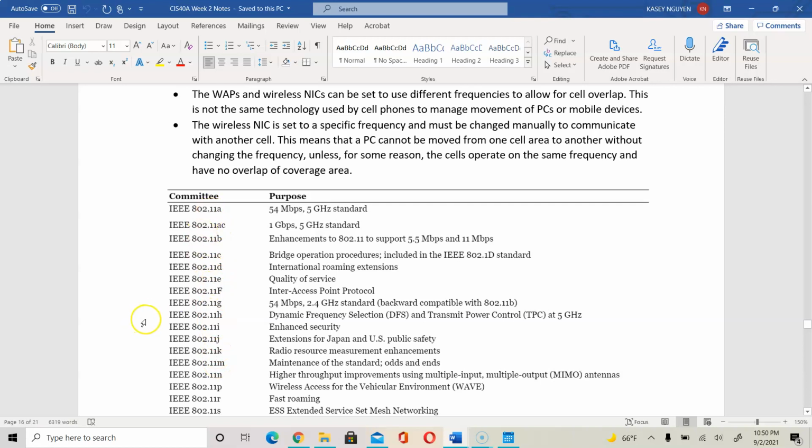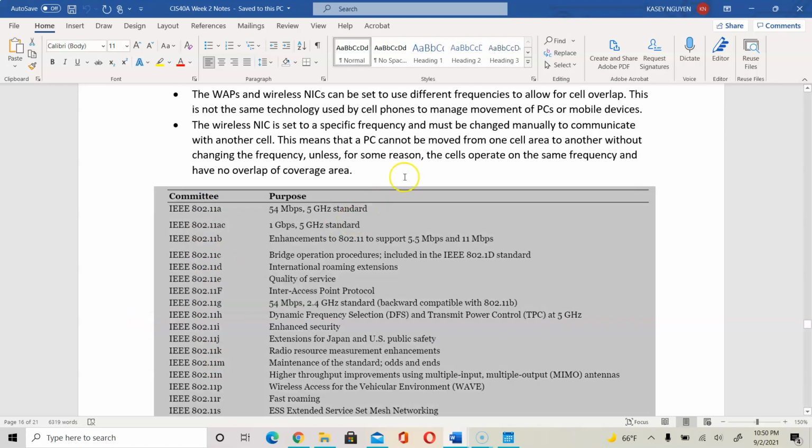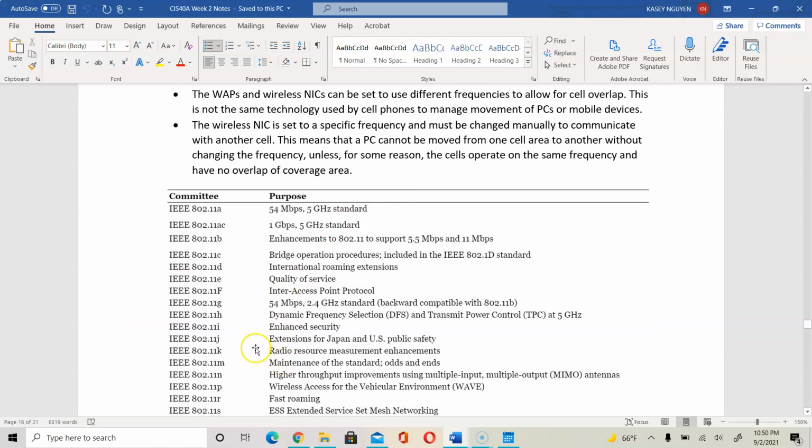So on page 16, you would see a list of different 802.11 standards, but not all were implemented for commercial use. So G was compatible with B, as it is on the same standard, whereas A and B are incompatible.